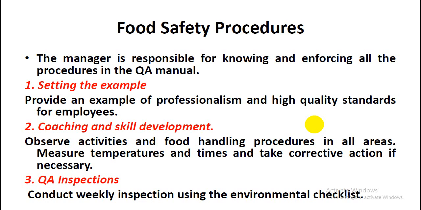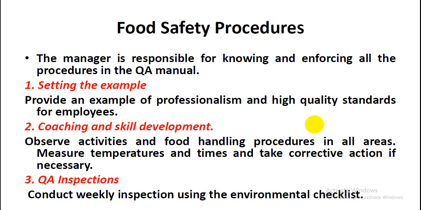The second one is coaching and skill development, capacity building for the employee. You cannot improve the quality of the food safety in the factories without coaching and skill development.